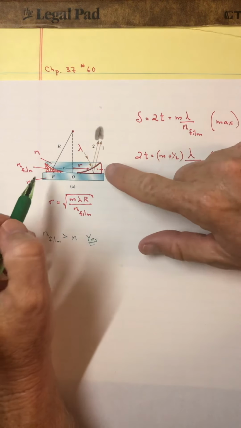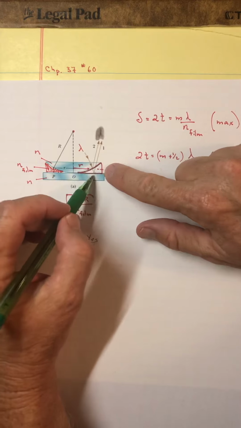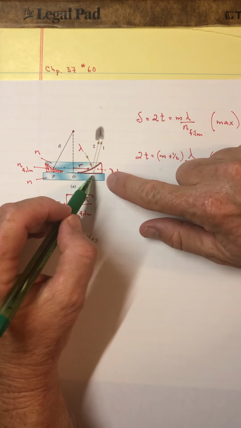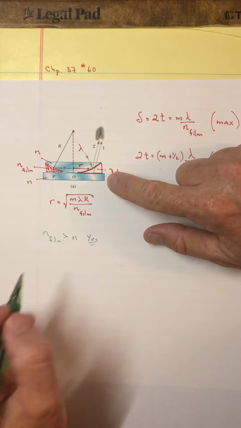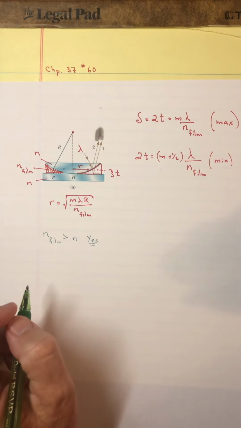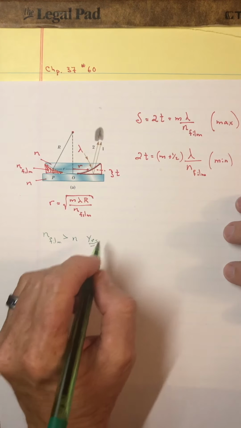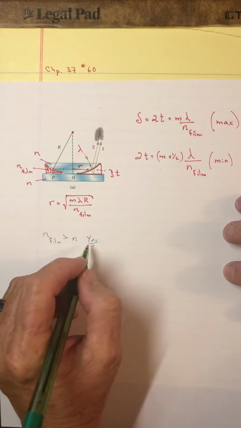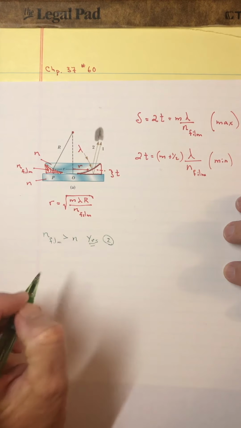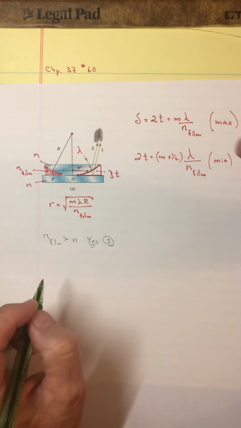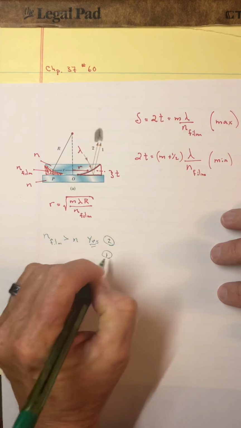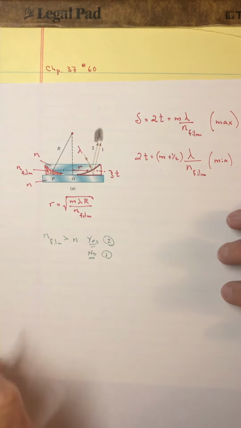But of course, then watch this. Beam number 1, which comes down and bounces off this lower one, would not have a phase shift. So for beam number 2, there would be a phase shift. But for beam number 1, there would be a no.